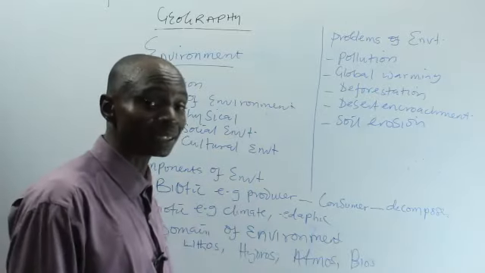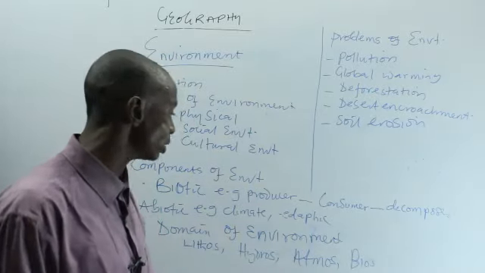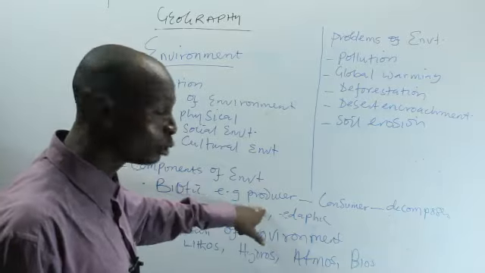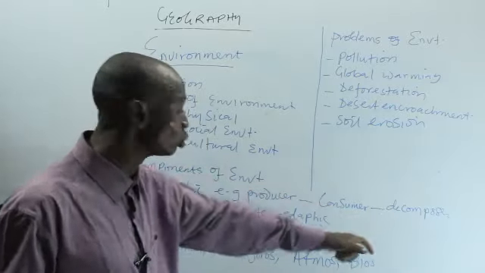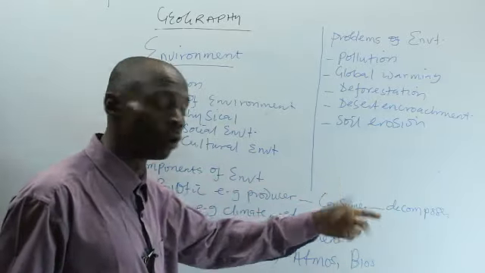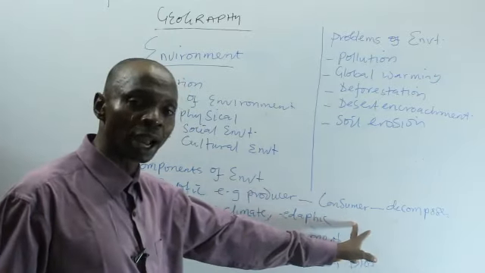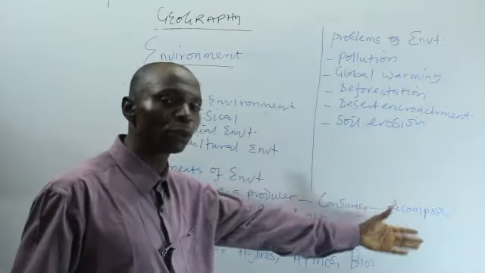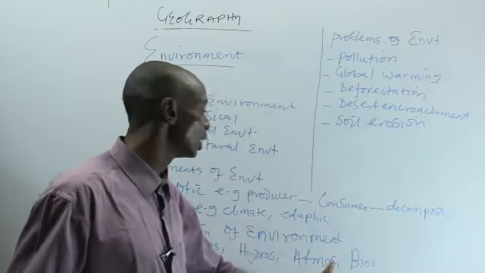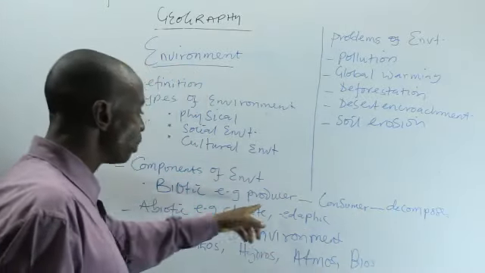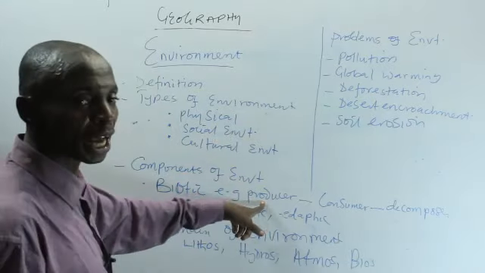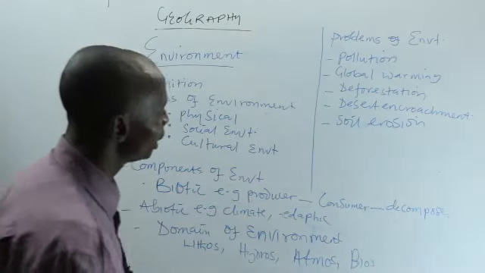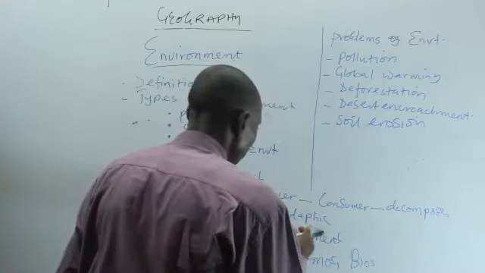And what is the effect? They add nutrient to the soil so that producer can make use of that nutrient to produce more for the consumer to consume. And the consumer will consume more and die. Then the decomposer will decompose the body and give it back to producer as a nutrient. So it goes in a cyclic form.